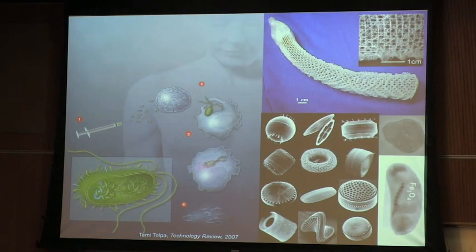For example, in the example on the left, this was a postdoc of mine who then went and joined UC Berkeley, Chris Anderson, where his whole dream has been to engineer bacteria as therapeutic devices, where they go through different microenvironments in the body, they sense where they are, they perform a therapeutic response in each one of those niches, and all of this would be programmed in the DNA.